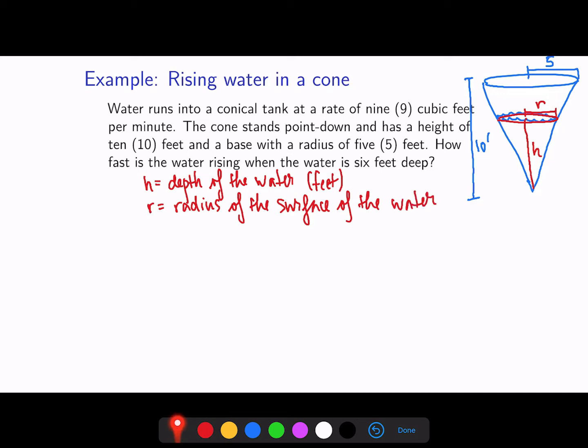The problem asks, how fast is the water rising when the water is 6 feet deep? So it's asking, how fast is the water rising when h is 6?